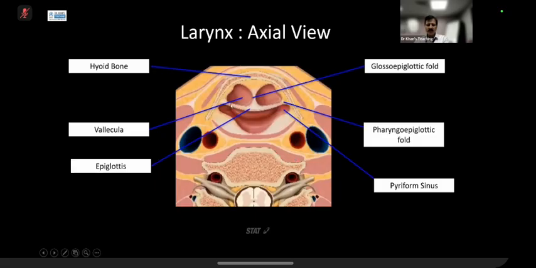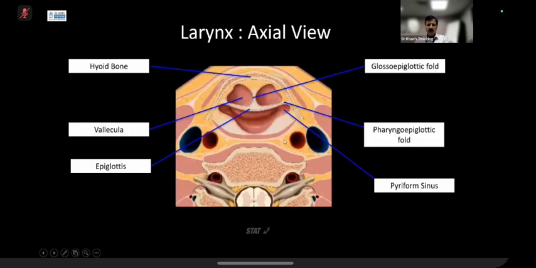If you see here, this is the level of the epiglottis, and this is the glossoepiglottic fold, the valleculae, both of them, the pre-epiglottic fat, and this is the hyoid bone, and this will be the paraglottic fat. Now, posterior to the aryepiglottic fold, this is the hypopharynx. This is the posterior wall of the hypopharynx. This is the piriform sinus and the piriform sinus.